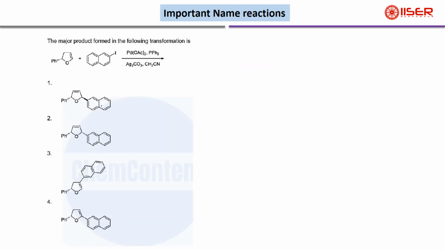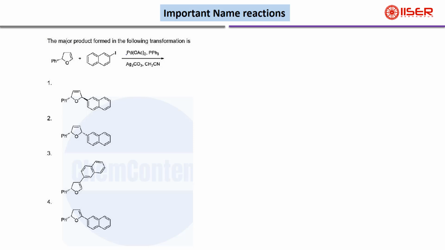What is the major product formed in the following transformation? This is one of the questions from NET in recent years, maybe in 2025 June, I think. So what is the major product formed in this transformation? This is an example of Heck reaction.